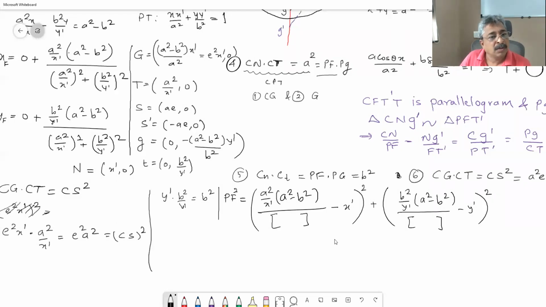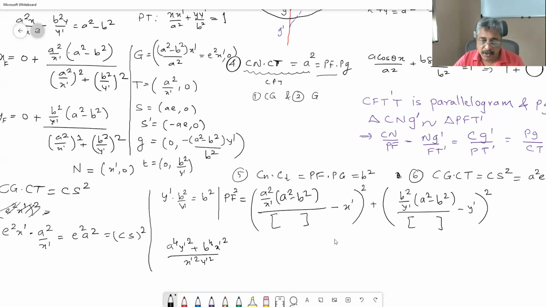Okay. Suppose I want to simplify that denominator, it will be a fourth y dash square plus b fourth x dash square upon x dash square y dash square.